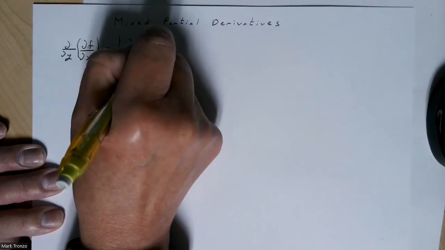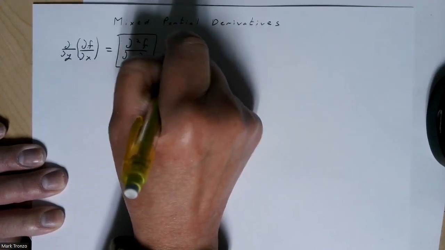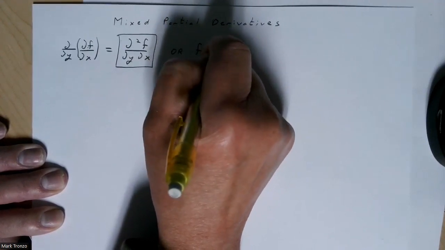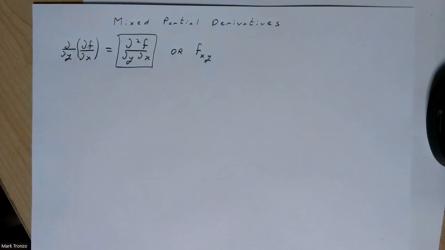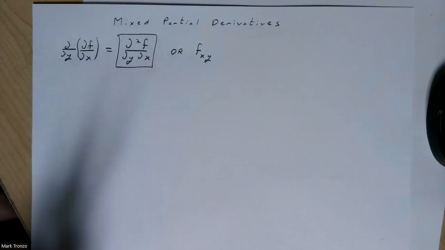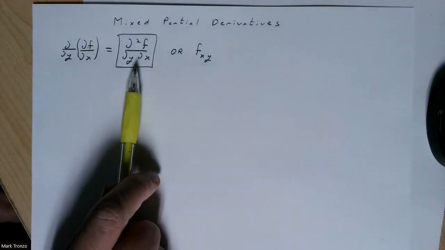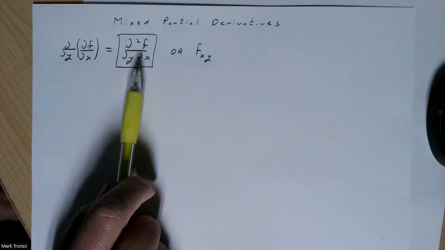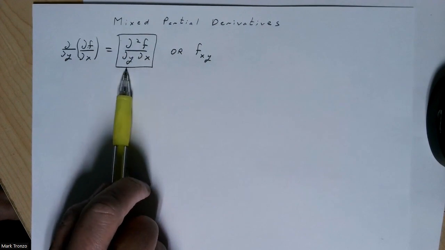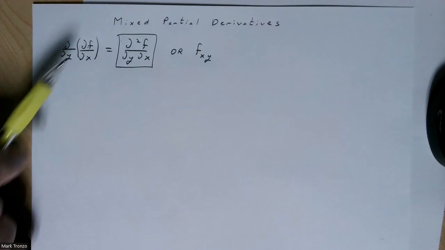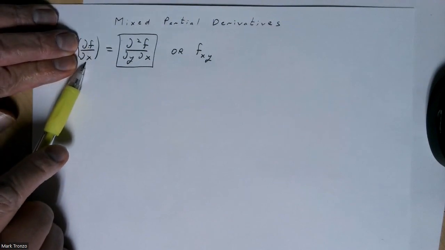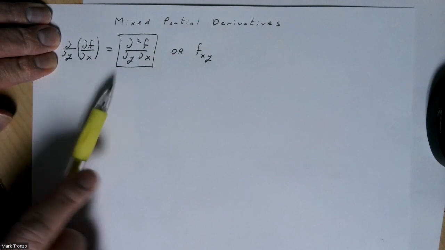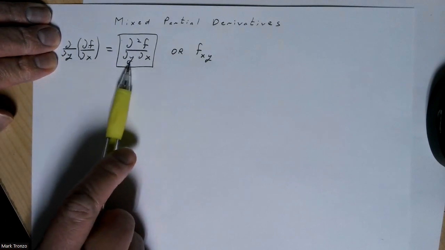Again, it's usually going to be like this, or like this. Now, notice, don't get confused about this, but they're in a different order. This means when you have this notation, this means derivative x first and y next. And again, the reason it's in this order is because you're first taking a derivative with respect to x, and then taking the derivative of that with respect to y. So you end up in kind of reverse order.